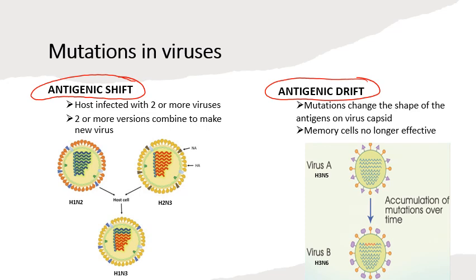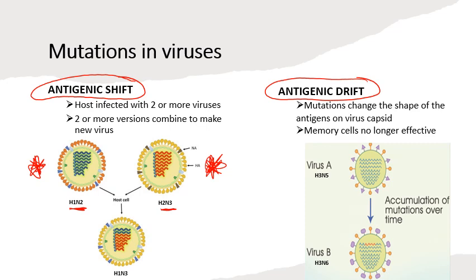Okay, so we can see on the diagram here, we've got this version of the flu virus, which is H1N2, and I can tell that because it's labeled below. And then we've got our second virus that has infected this individual, and this one's called H2N3.